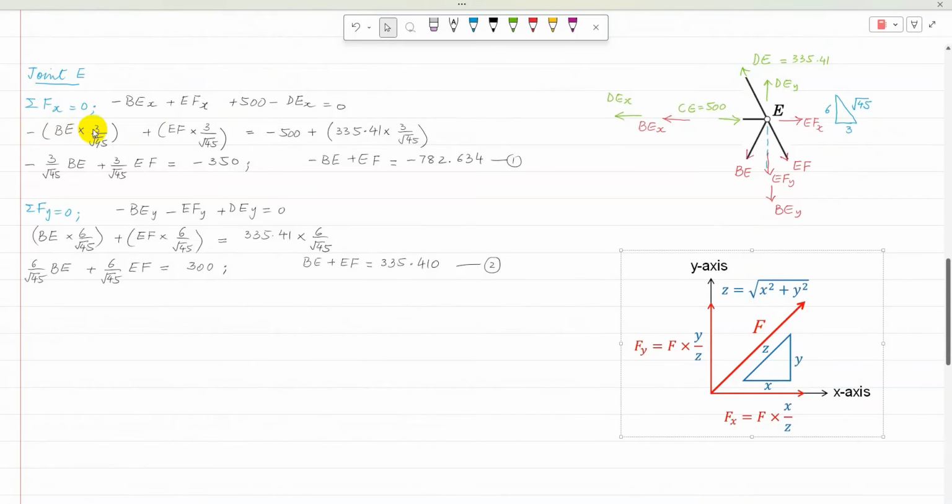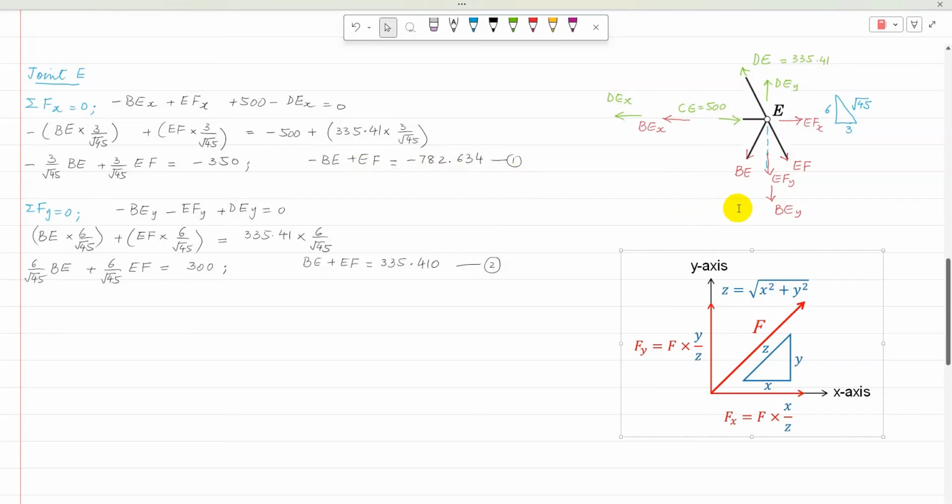So minus BE times 3 over root 45 plus EF times 3 over root 45 is equal to minus 500 plus 335.41 times 3 over root 45. Finally I'll get minus 3 over root 45 BE plus 3 over root 45 EF equal to minus 350, and simplified, minus BE plus EF equal to minus 782.634. So that is equation 1.